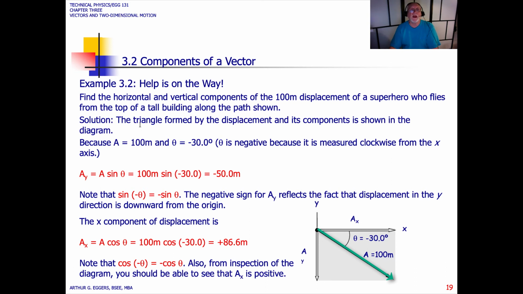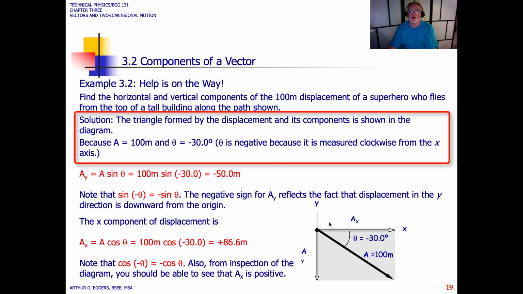So the triangle formed by the displacement and its components is shown in the diagram. Because A is 100 meters, so that's from 0 out to this point in space, and it forms an angle of 30 degrees or minus 30 degrees from the horizon or the horizontal. Theta is negative because it's measured clockwise from the x-axis.